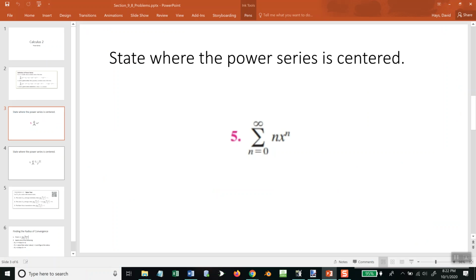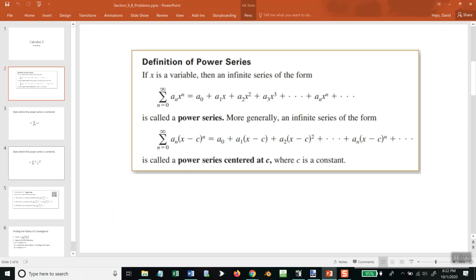And the instructions here say to state where the power series is centered. Well, if we go back to our definition, the part where it's talking about centered, it says centered at c.